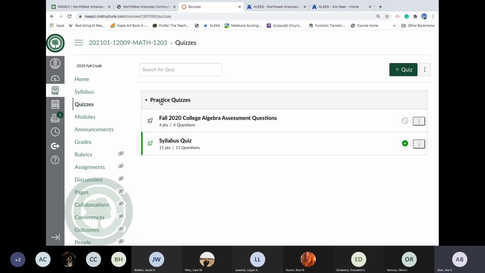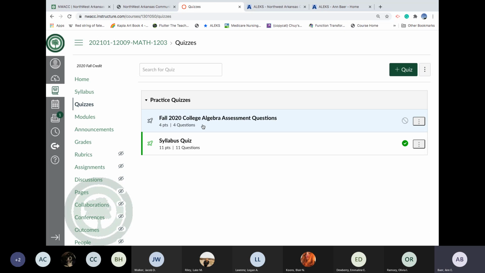This is not a practice quiz. It's only set up that way so that there's 0 points in Canvas because all of my grades are kept in ALEKS. It will be worth points. It's not going to be worth a lot of points because there are only 4 questions compared to 17 in ALEKS.